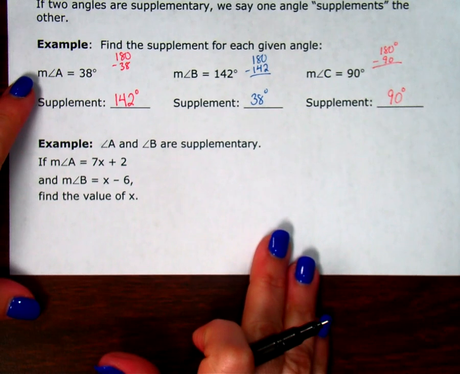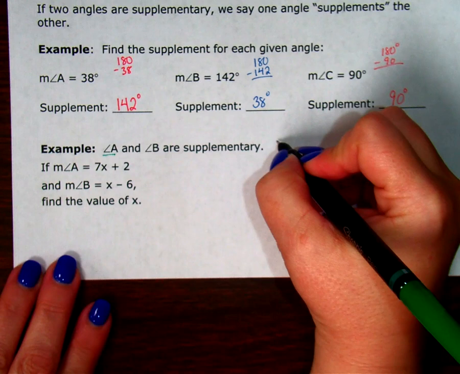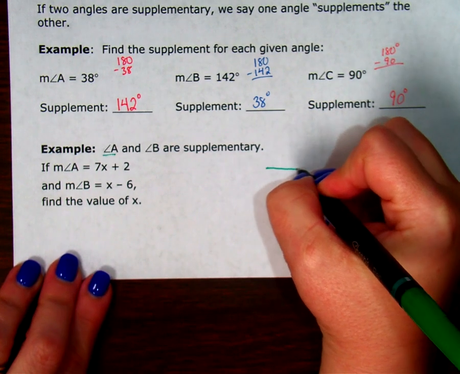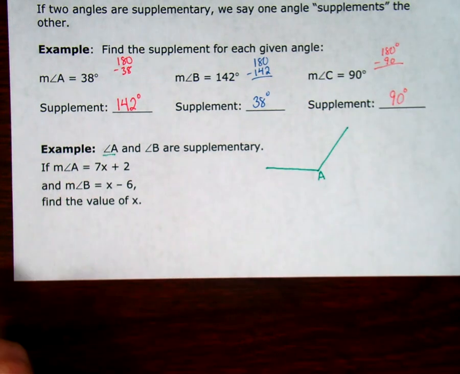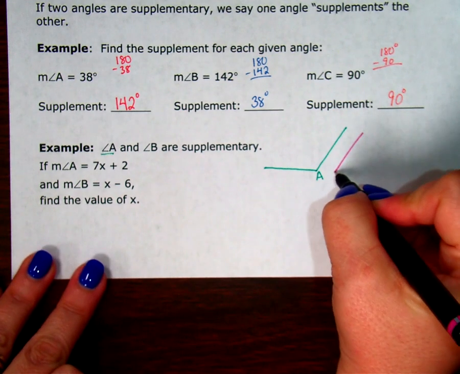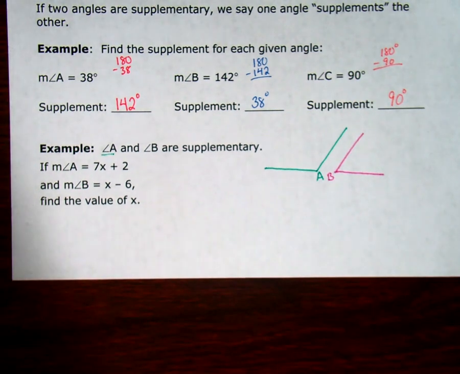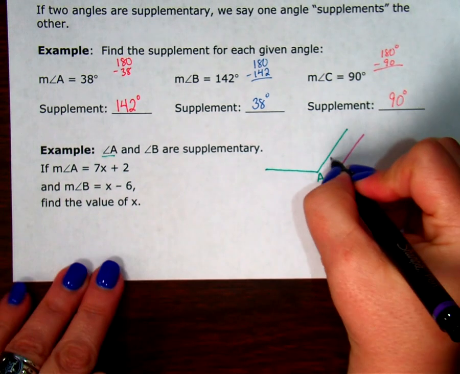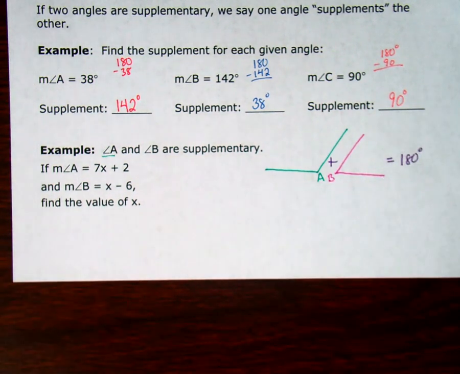Just like with complementary angles, sometimes we will have some algebra involved. So if it says angle A and angle B are supplementary, again, I can tell they're non-adjacent because they have different vertexes. Angle A and angle B. I know if I add them together, it's going to give me 180 degrees.